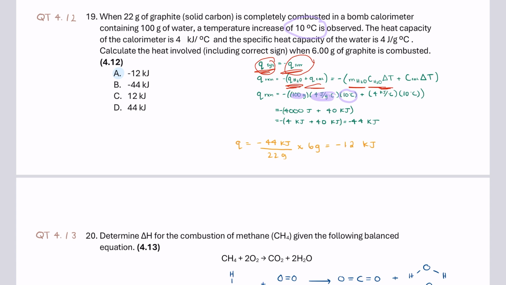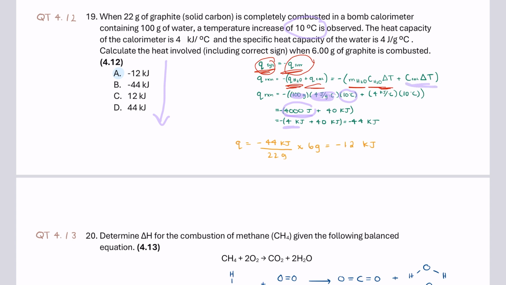So we multiply this out, and it gives us 4,000 joules. But we want our answer in kilojoules. We know this just by looking at the answer choices. All our answer choices are in units of kilojoules. So we're going to convert 4,000 joules to kilojoules. That's equal to 4.